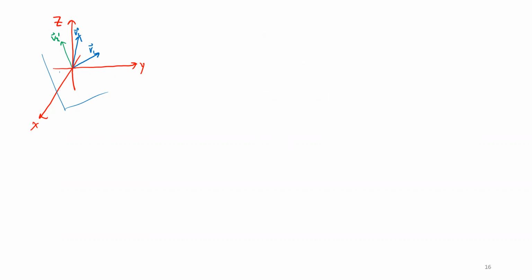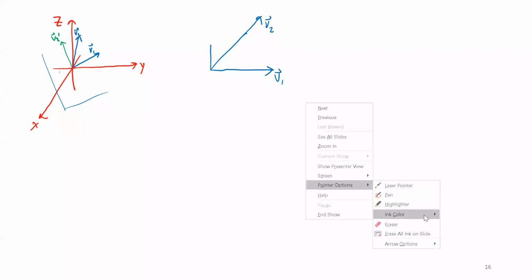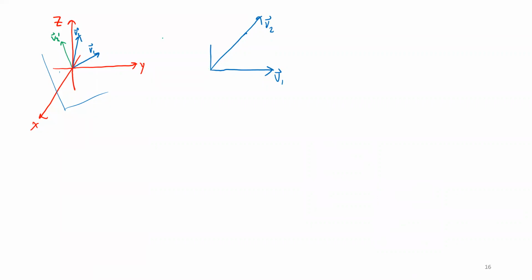If I look into this inclined plane and draw these three vectors one more time, I will have V1, this is my V2, and then I want this new V2 prime.